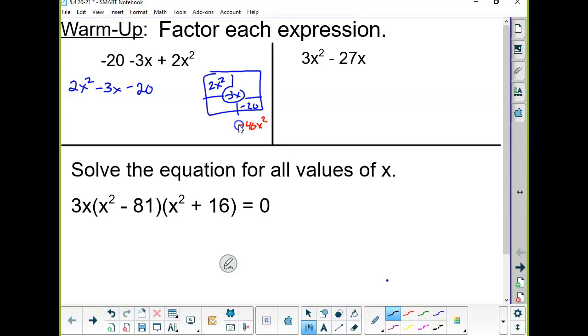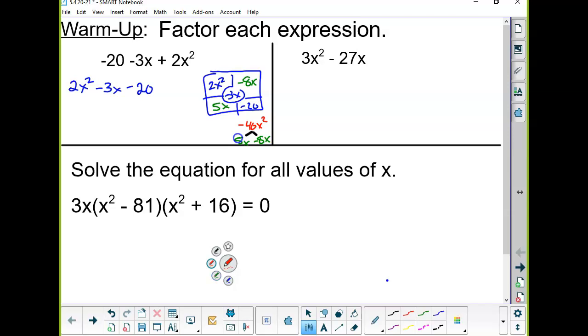So factors that give me 40 that are 3 units apart are 5 and 8. However, one of them has to be negative, and I want more negatives when I add them together. So the negative goes to the 8. We'll put a 5x and a minus 8.